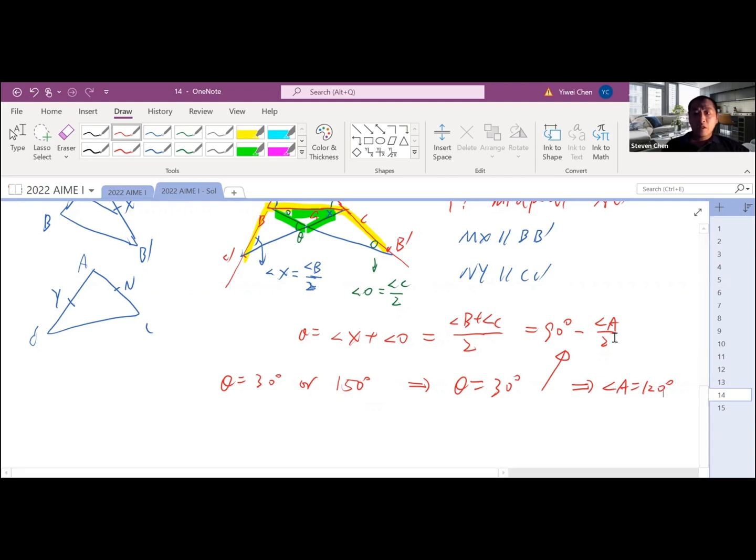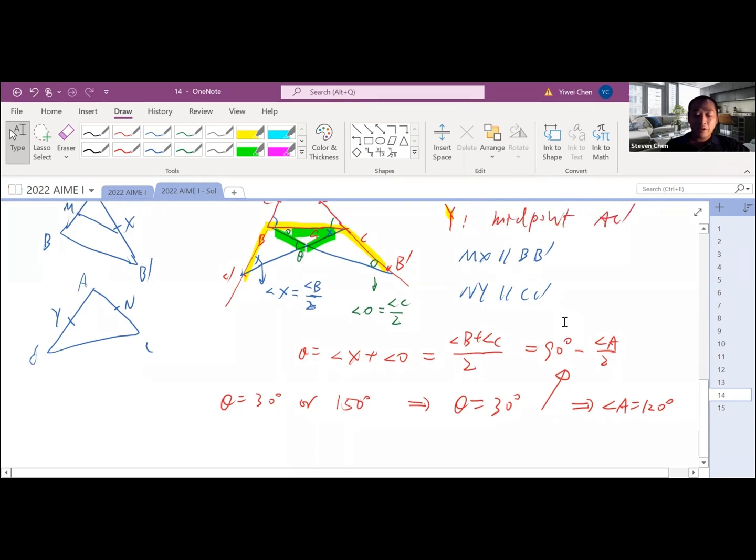All right. So now let's check whether this is feasible for this case. So in triangle ABC, we know that angle A is equal to 120 degrees. So that implies that this is an obtuse triangle, right? For an obtuse triangle, because angle A is obtuse, its corresponding side that has the length small a should be the longest.